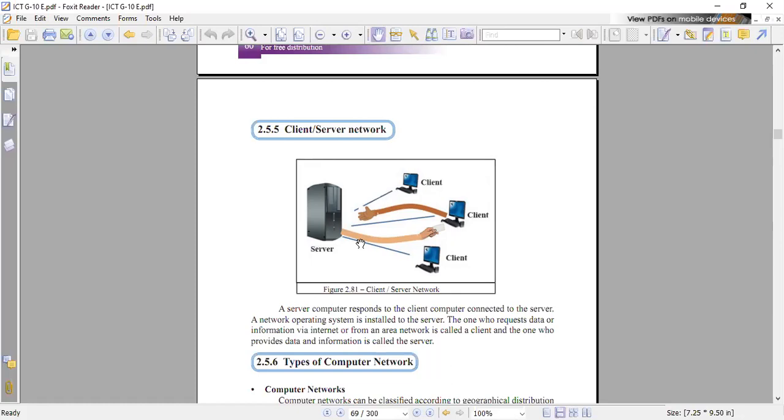And then write down, the computers which are requesting data or information through the internet are called client computers.